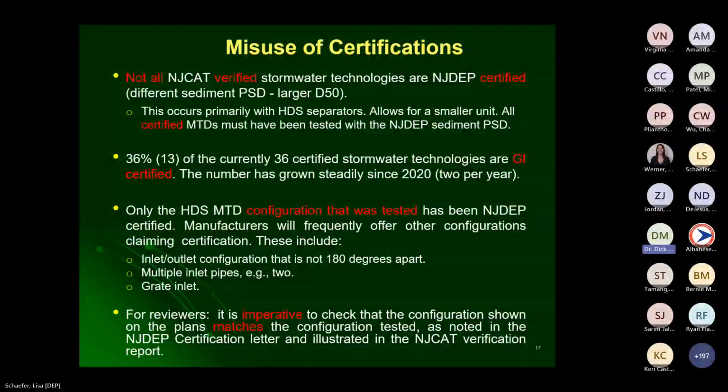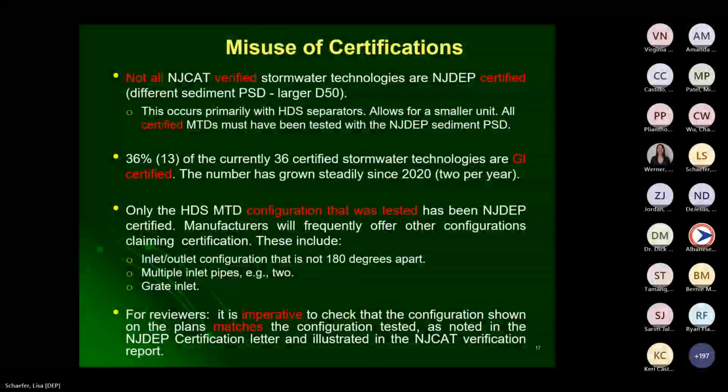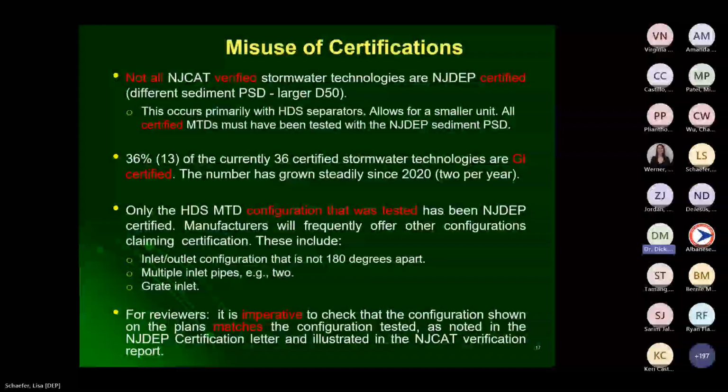All certified MDTs must have been tested with the NJDEP sediment. There are currently 36% or 13 of the currently certified stormwater technologies that are GI certified. This number has grown steadily since 2020, about 2 per year. And again, the basis is because this is what is being promoted in New Jersey to keep that treatment close to the source.